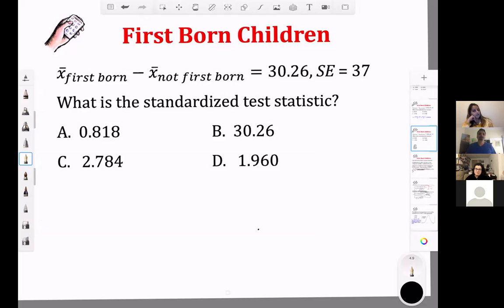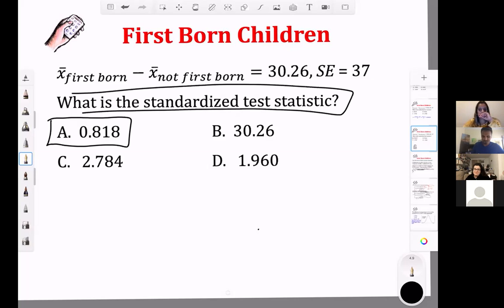What is the standardized test statistic? A. Very good. How do we get A? I did 30.26 minus the null, which is 0, divided by the standard error, 37. In this question, they are asking us what is Z, so they're asking about the Z score.